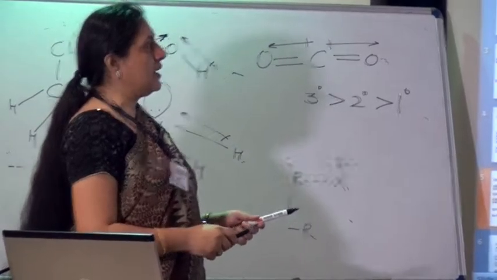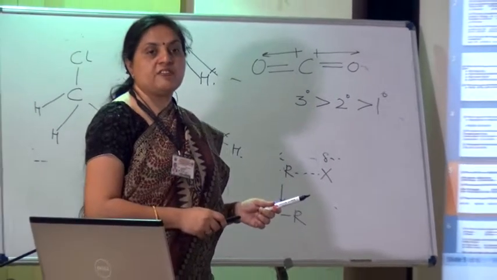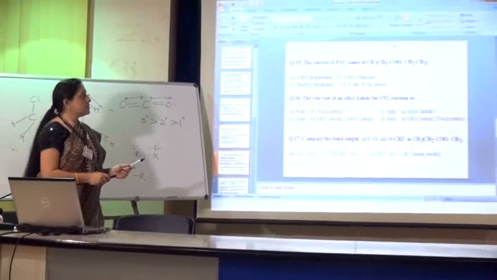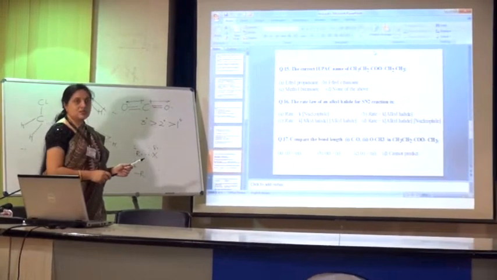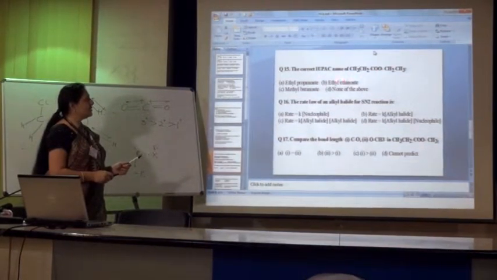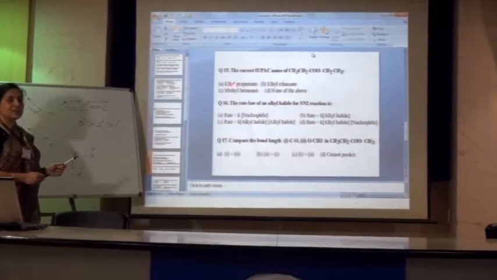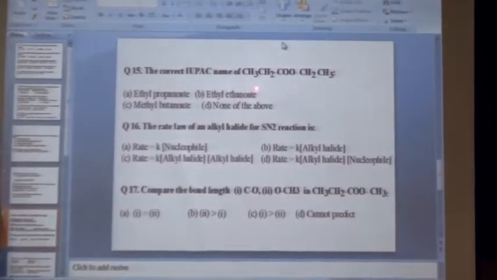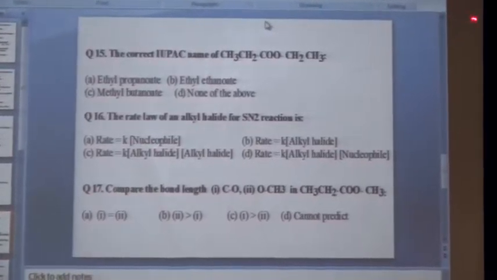Now let's go to this. I think nobody should have made a mistake in this. I had discussed this. What is the answer? Very good. It's the first one, ethyl propanoate. Specifically I kept this question because I wanted to see how many remember that.